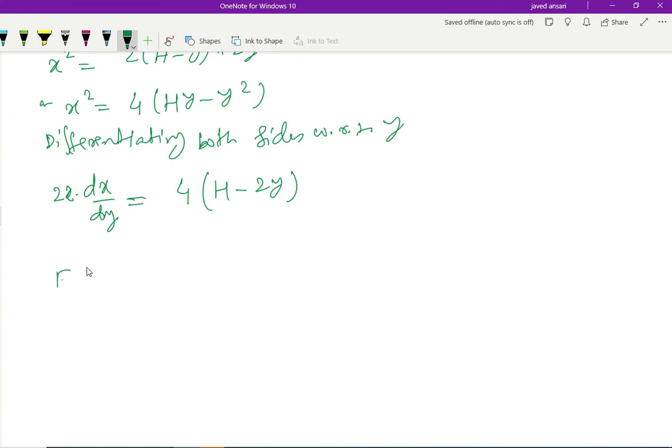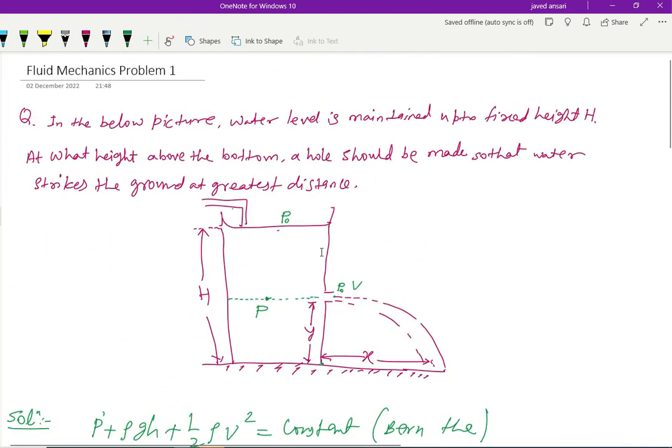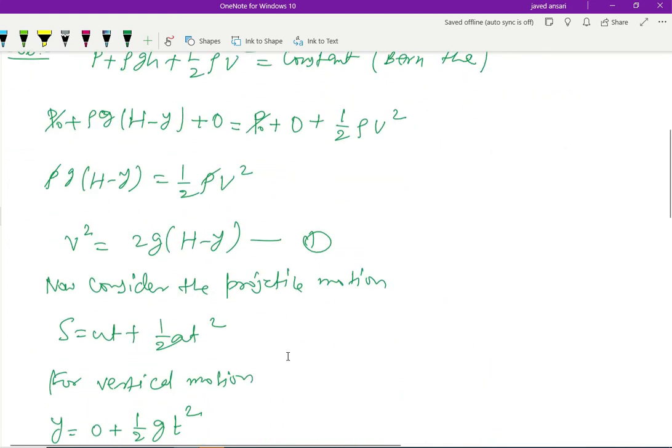Now for maximum or minimum, dx by dy should be 0. But we know the minimum is not here, because the minimum exists when y is either 0 or y is h, in which case water will fall just near the vessel. So obviously here, when dx by dy is 0, there is a maximum value.